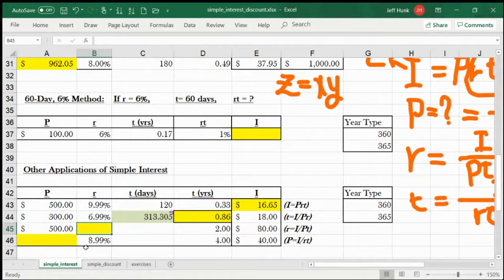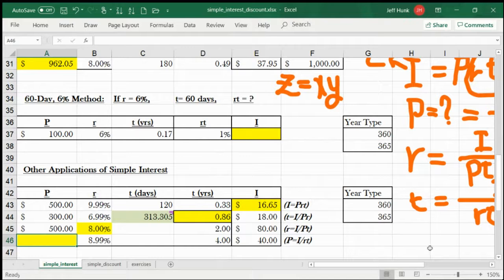Now, next question is, what's the rate? Then the rate is just the same: interest over P times T. Okay, P times T. There you go. Then it's 8%. We got that. And what about principal?